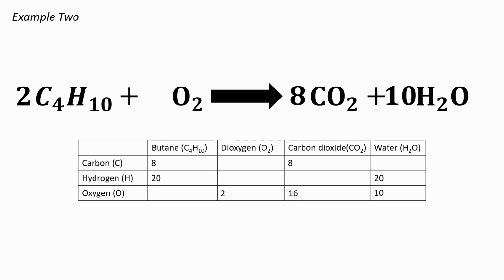We now, like last time, will have to balance the reaction equation with oxygen, and in this case the easiest thing to do is just take the total amount of oxygen on the product side, which is 26, and then multiply 2 with the number needed to reach that. In this case it's 13, since 2 times 13 is 26, and we now have a balanced reaction equation.